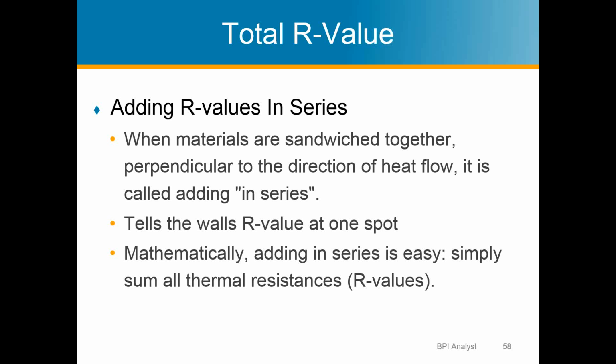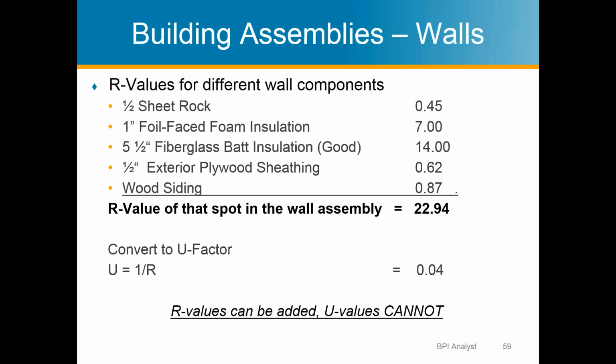So everything has an R value. So in a wall assembly, let's say there's stucco on the outside. Oh, here, my next slide has it. So, R values of a wall assembly. You've got the sheetrock. Half-inch sheetrock has an R value of about 0.45.